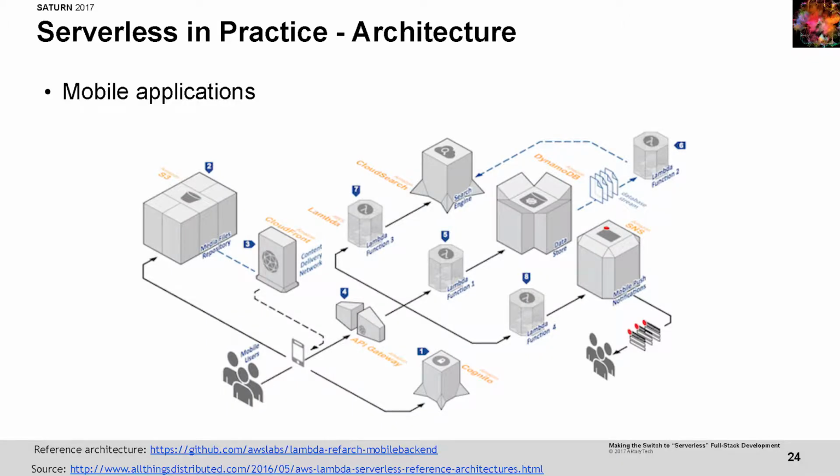Another example might be a mobile application. I'm not going to walk you through all of these, but you can take a look down here at the reference architectures link. That's a link to all of these, and you can go through and see which ones are closest to your potential use case. Click through, get some details on them, and then just fire them up. It's really quite simple to do.